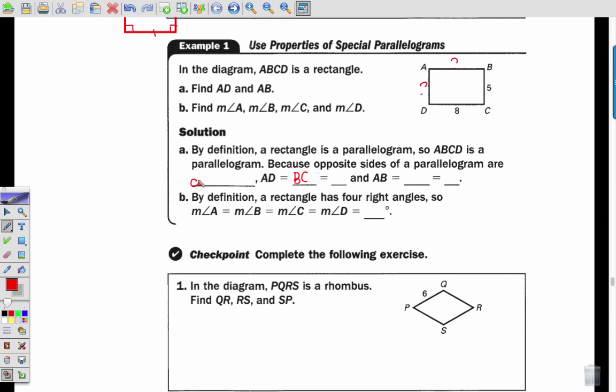AD has to equal BC, and BC is 5. And AB has to equal CD, and CD is 8. And all four angles, obviously, have to be 90 degrees, right? So this is strictly borrowed from the definition, and make sure you use the same method in your checkpoint.